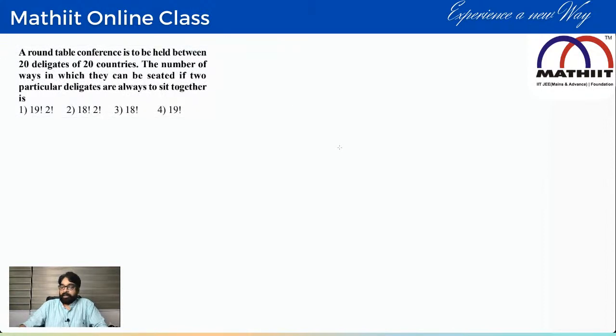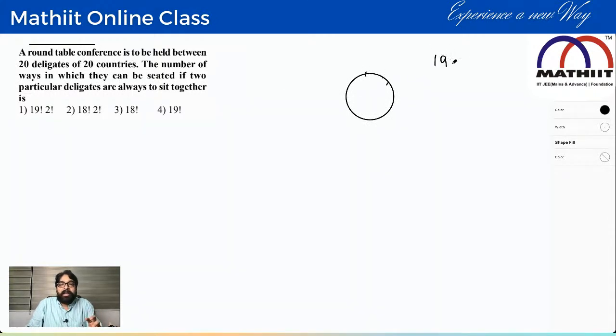Check it here. Round table just means you have to arrange on a circle, a closed loop. Twenty people are there. The number of ways in which they can be seated if two particular delegates always sit together. Same logic. If it's 20 people, circular arrangement will be 19 factorial, I know it.